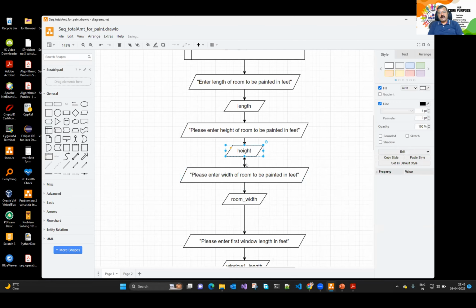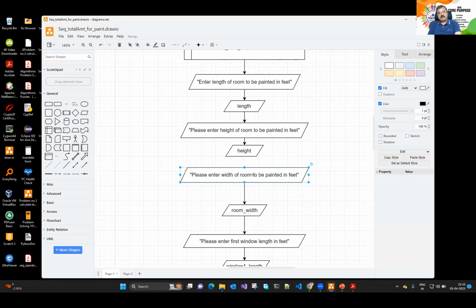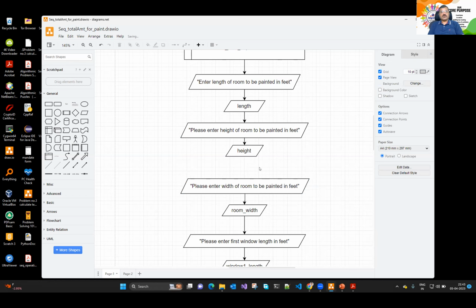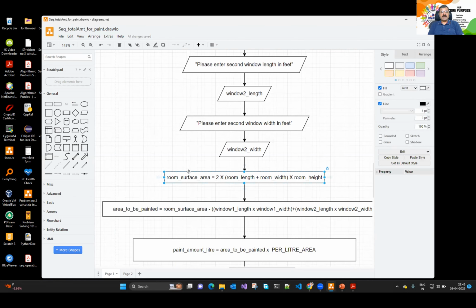So what I'll do next over here is I'll introduce an operation, and that is to calculate the area. So what we were doing now, area calculation that we had done.